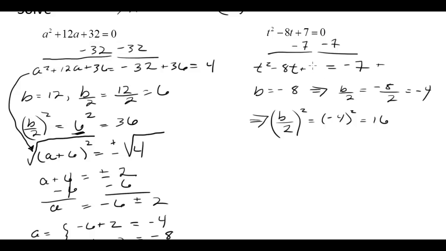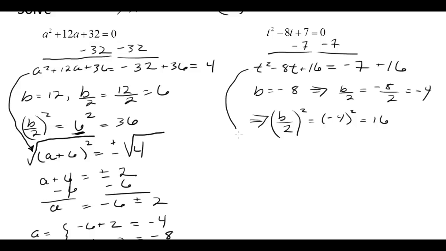So that means I'm going to add 16 here, and of course I have to add it to the other side to keep the equation in balance. Remember, Karahimi said that this technique was called completion and balance. And this is the completion on the left, and the balance is adding it to the right.